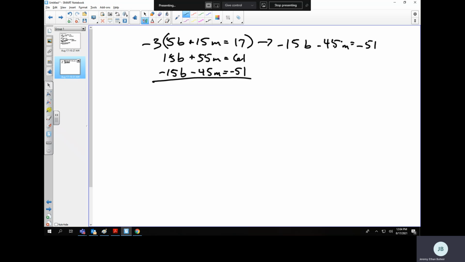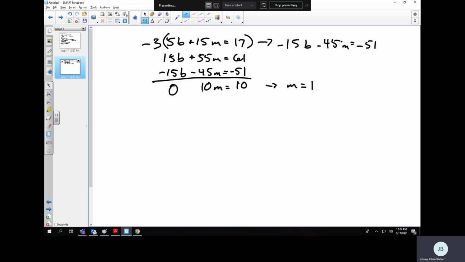And then I'm going to add these two equations together. 15b minus 15b is 0. 55m minus 45m is 10m. And 61 minus 51 is 10. So that means that m equals 1. I just divide both sides of that equation by 10, and I get m equals 1.